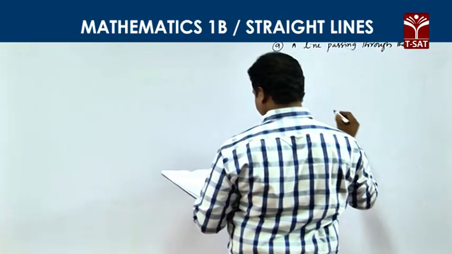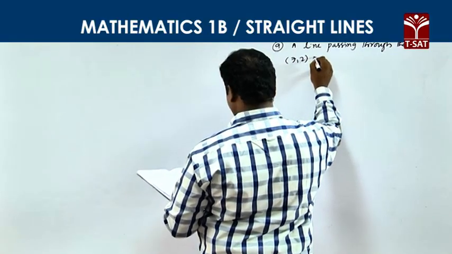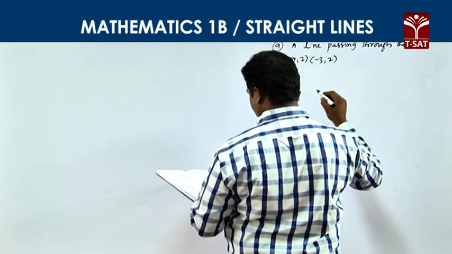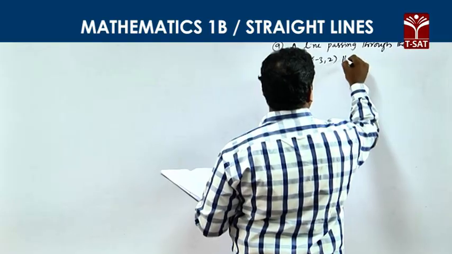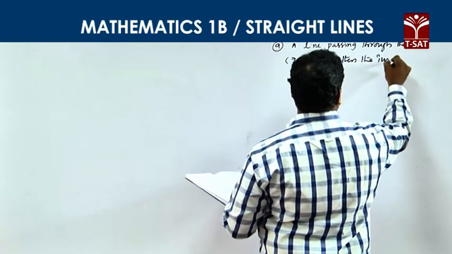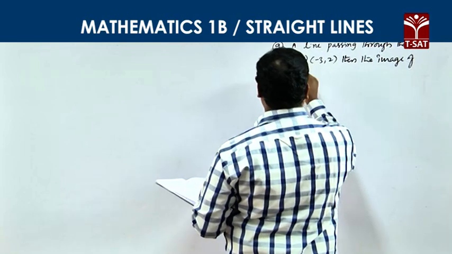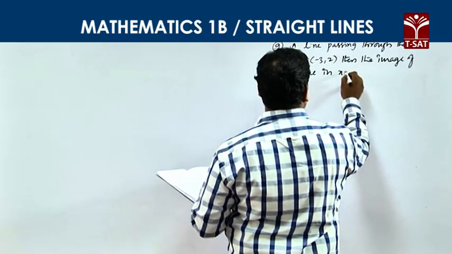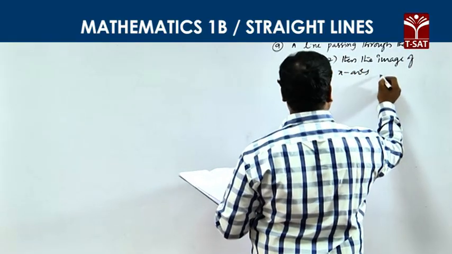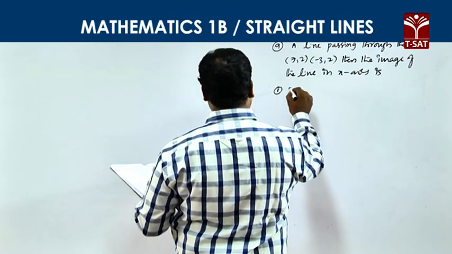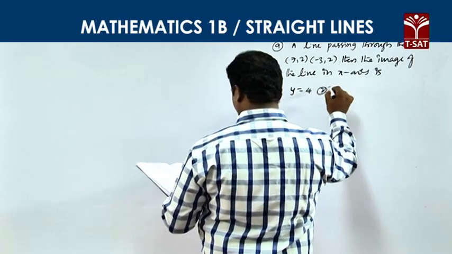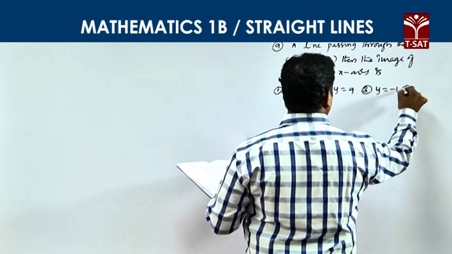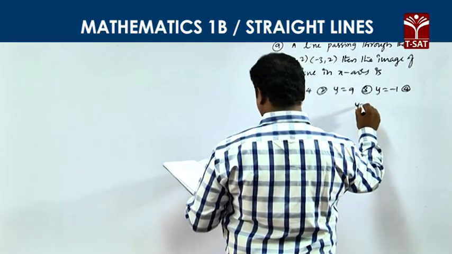Ninth one, a line passing through the points (7, 2) and (−3, 2). Then the image of the line in the x-axis is: first option y = 4, second option y = 9, third option y = −1, fourth option y = −2.